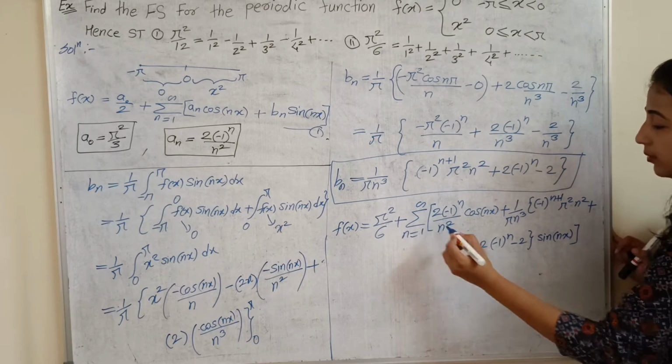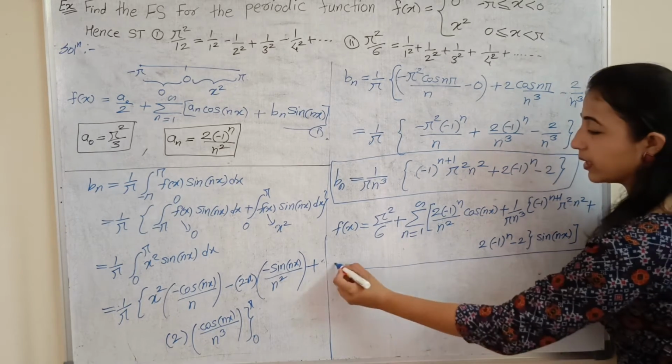So this is the Fourier series for the function f of x.